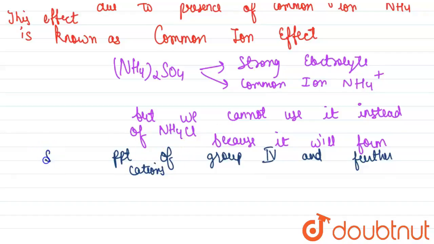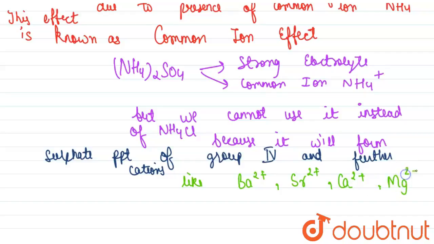Okay, it will form sulfate precipitate of group 4 and further cations like barium. Okay, barium sulfate is insoluble, it will form a precipitate. Then we have strontium. Okay, it is also insoluble. Calcium, and we have the Mg2 plus sulfate.